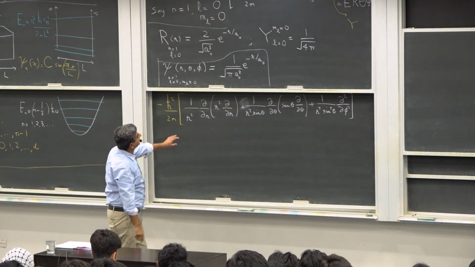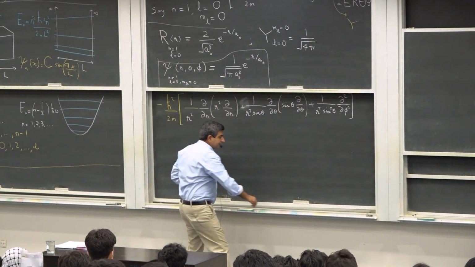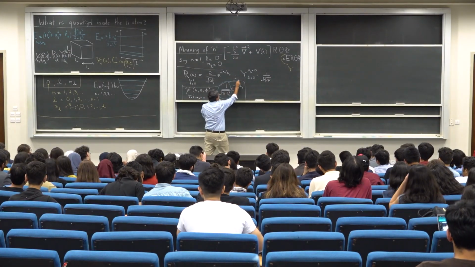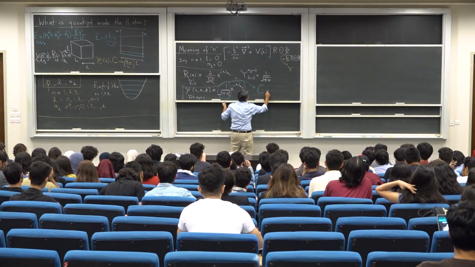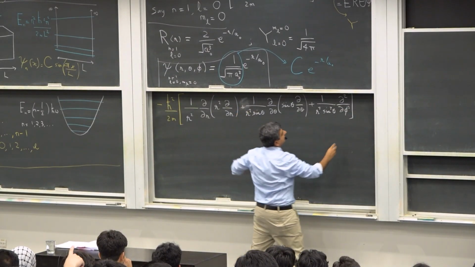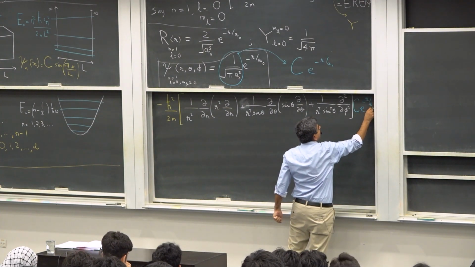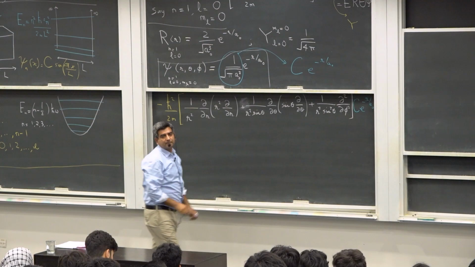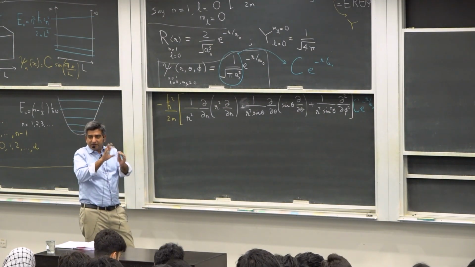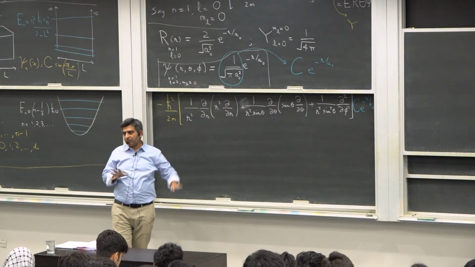Now what is the function? This is my overall function, the wave function. Let's for the time being call this factor C. So my function is C e to the minus r over a naught. This is the first term in the Schrodinger equation. I take that differential operator, the Laplacian, and break it down into its polar components.